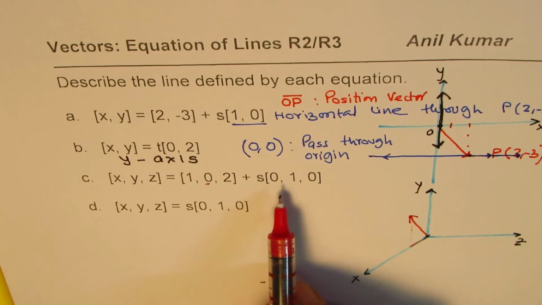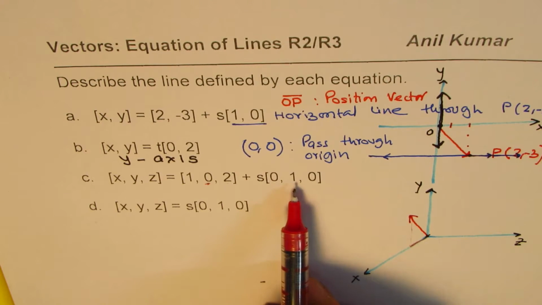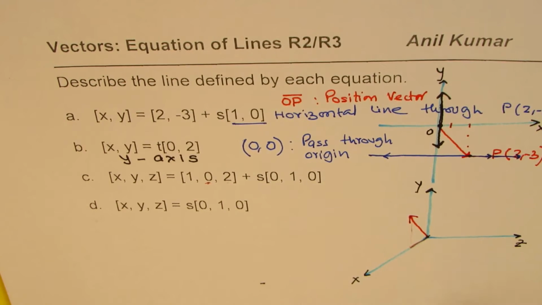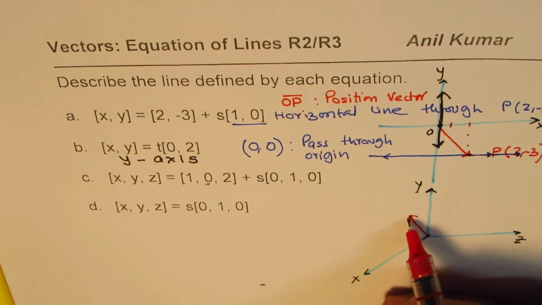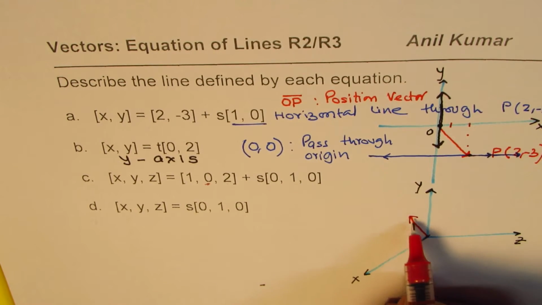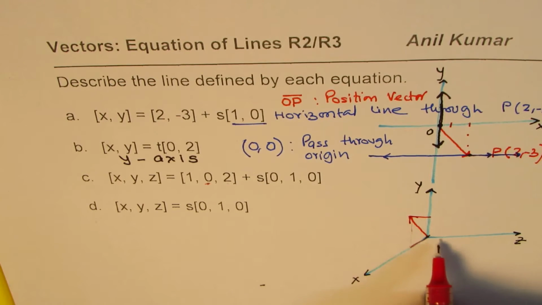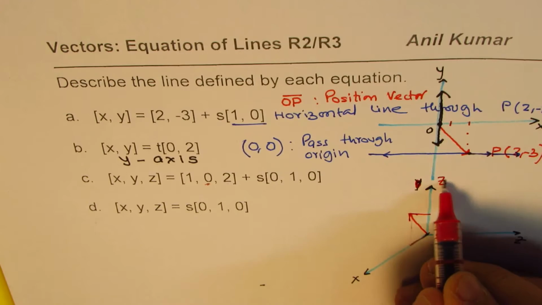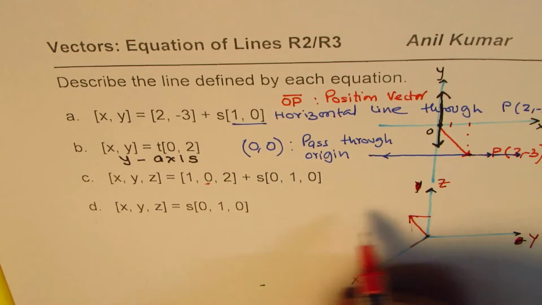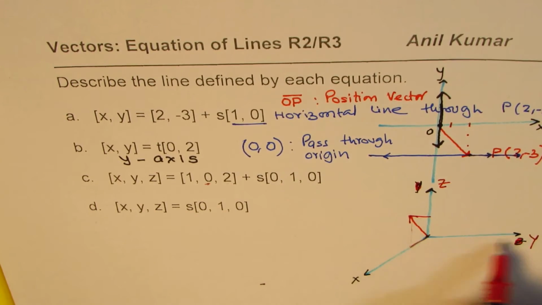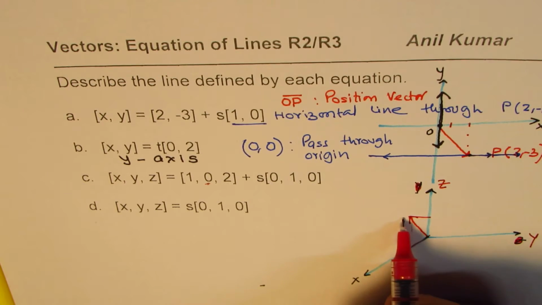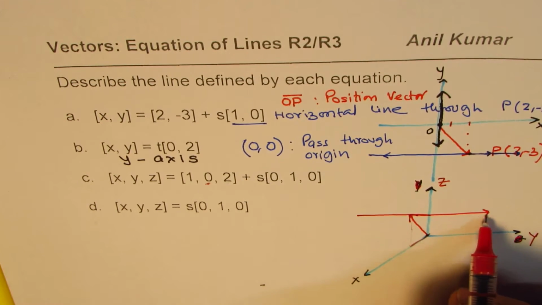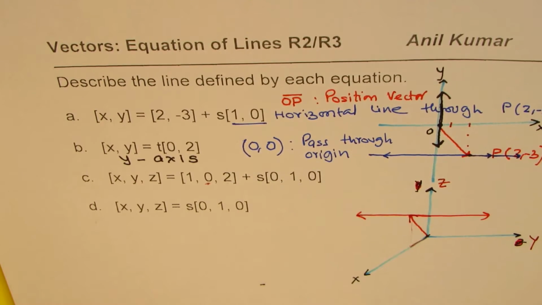How about the direction vector (0, 1, 0)? From here, 0 along x, we don't move along x, 1 along y, so we move like this. But we don't move along z. I should have written, I'm sorry, this is z, this is y. So we are actually moving only along the y-axis. That is the line we are talking about.